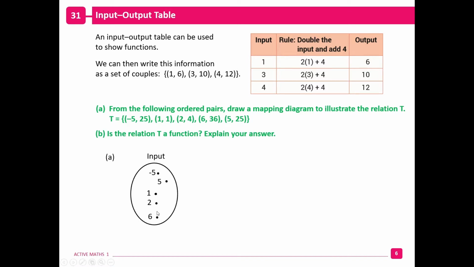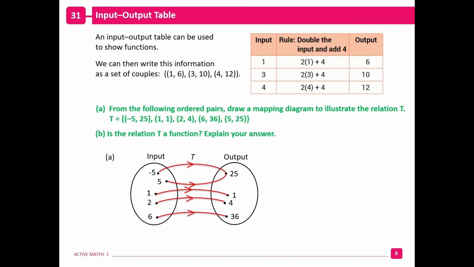So we have all of our inputs put into one oval, and we make sure that we have our little dots. Our oval is drawn as neatly as possible. It's okay if you prefer to use a compass and make it a circle. We write the writing then in pen. We then draw our output oval or circle beside it.